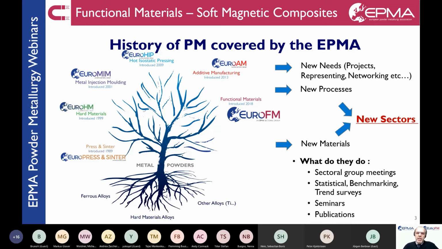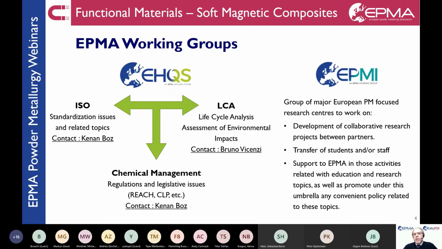Besides the sectoral groups, we also have what we call working groups, which are more transversal. There are two working groups at the moment. One is about environment, health, quality and safety, and it includes standards, chemical management and sustainability issues. You can see the contacts in the association for that. One is me.